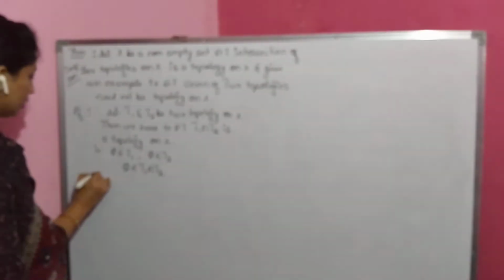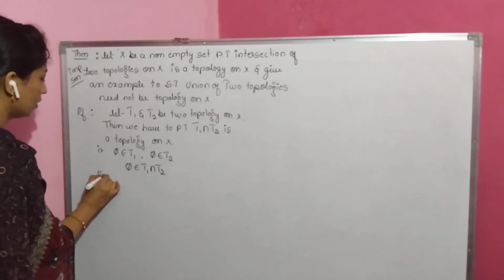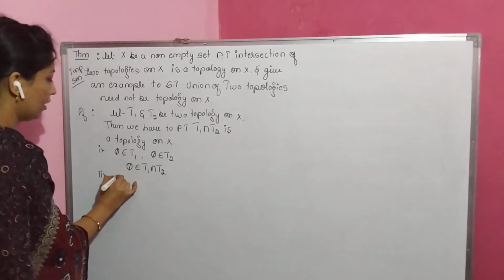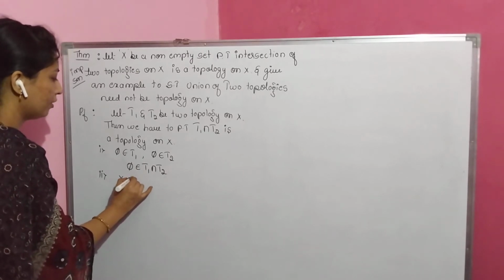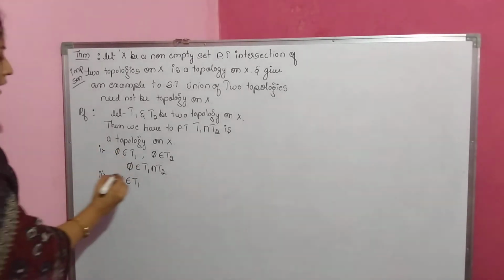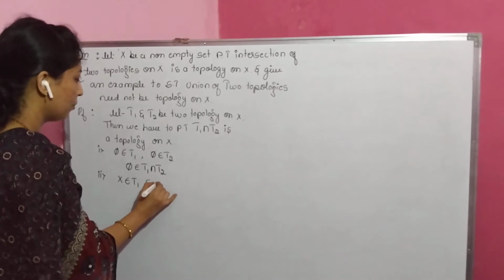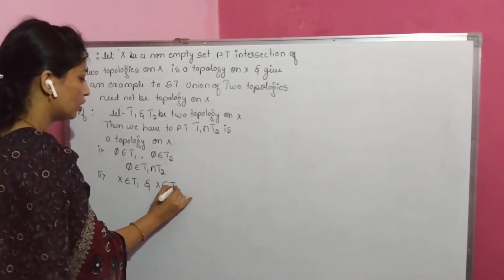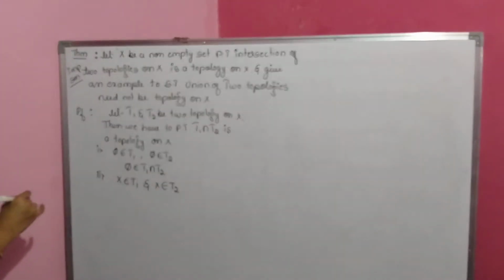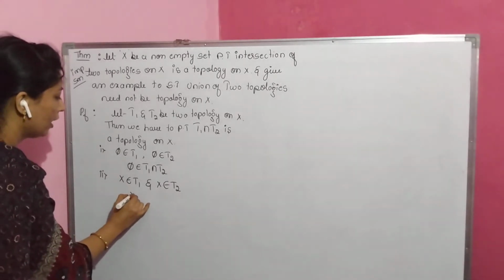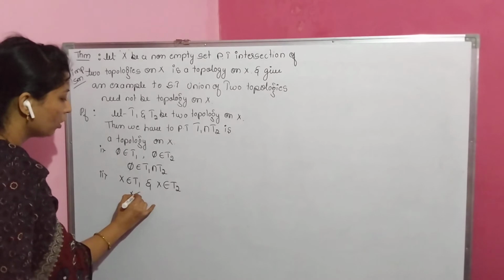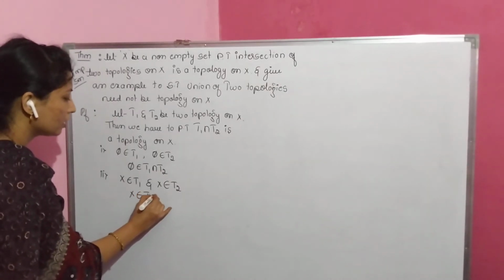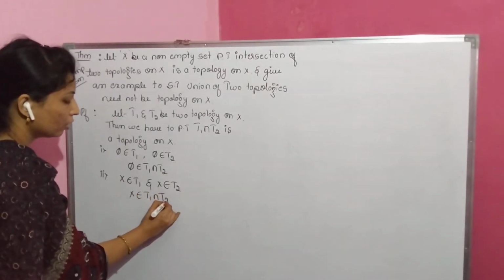Then the second condition. Since T1 and T2 are topologies, X is an element of T1 and X is an element of T2. Then it means X is a common element in T1 and T2. It means X belongs to T1 intersection T2.